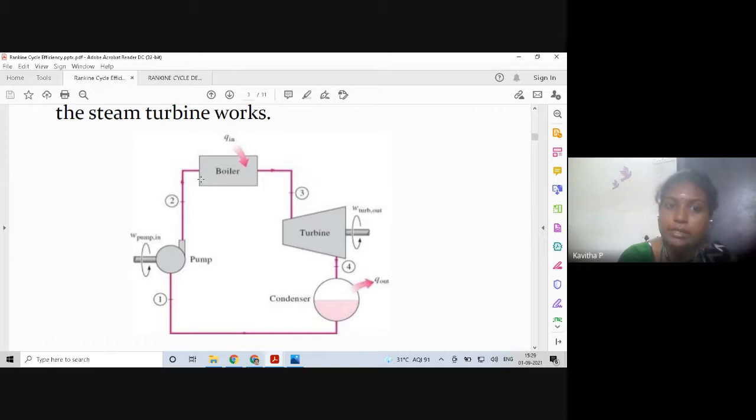The boiler is burning the coal, and the heat energy is utilized to convert water into superheated steam at constant pressure. In the turbine, the steam goes through an isentropic expansion process, where the pressure of the steam is reduced, because the pressure of the steam is what is driving the turbine blades.